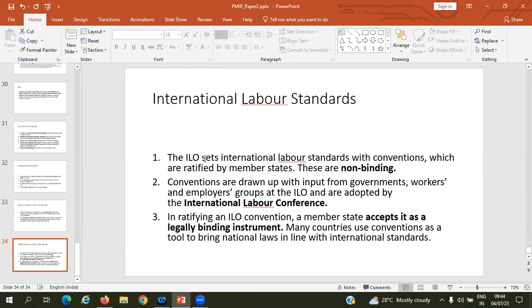The next thing will be discussing the standards. What are the standards? The ILO sets international labor standards with conventions ratified by member states. These are non-binding.